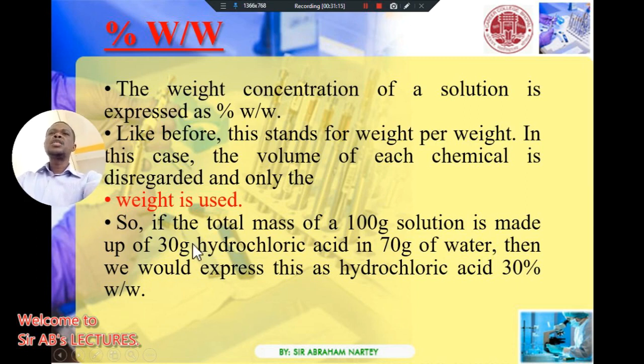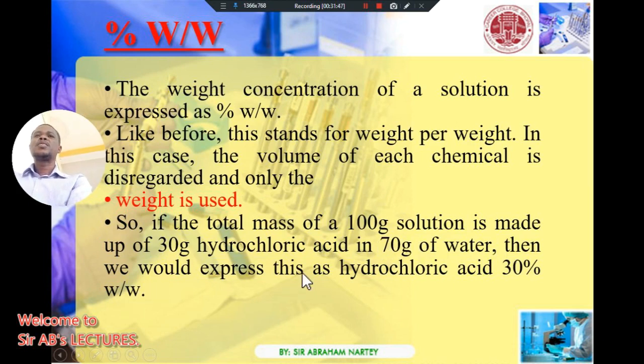We can also use it when, for example, the total mass of a 100 gram solution is made up of 30 gram of hydrochloric acid and 70 gram of water.